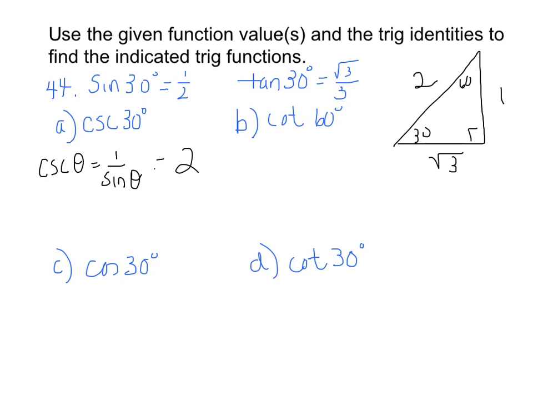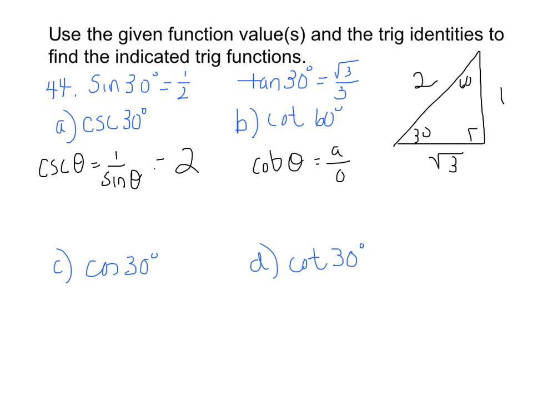The cotangent of 60, let's think about what the cotangent of 60 would look like. The tangent of 60 would be opposite over adjacent, so the cotangent of theta would be adjacent over opposite. Because it's the reciprocal, that's the identity.